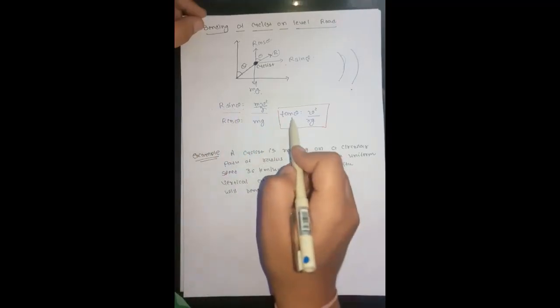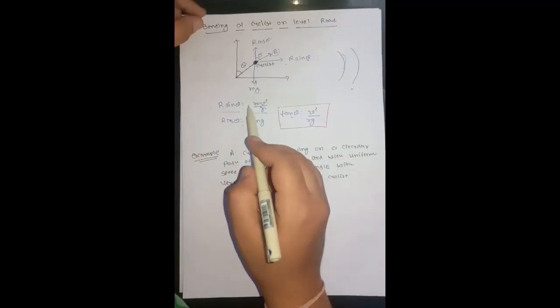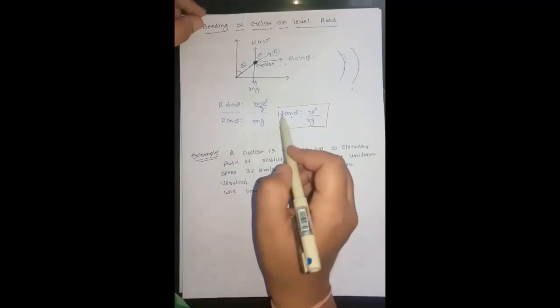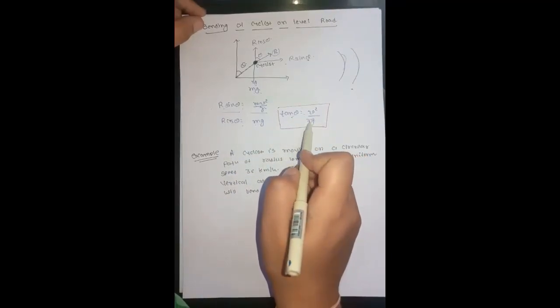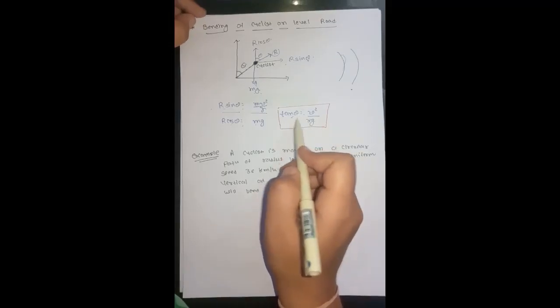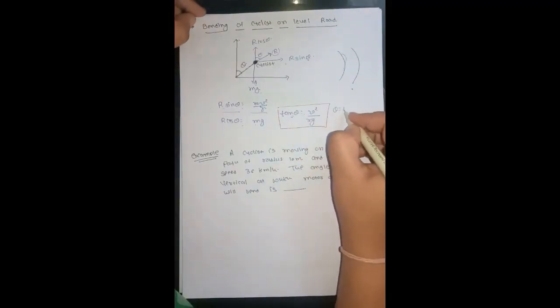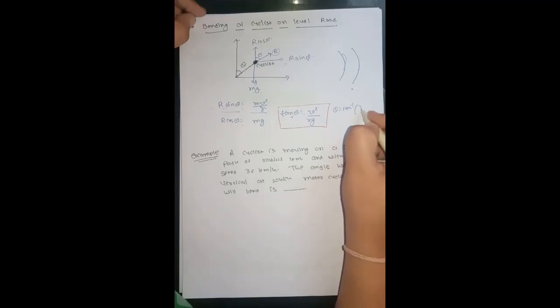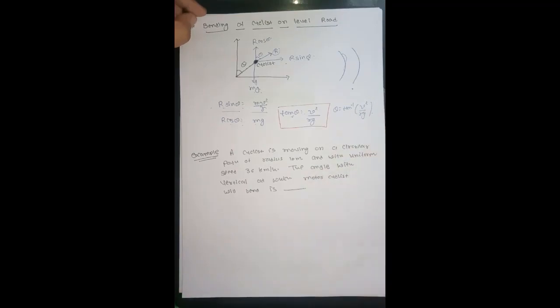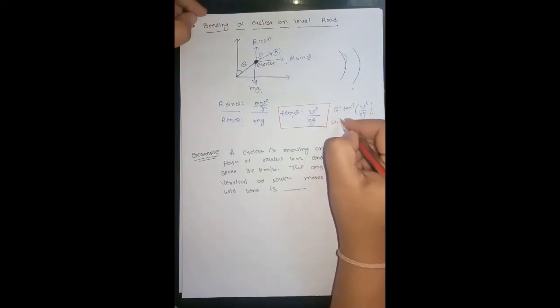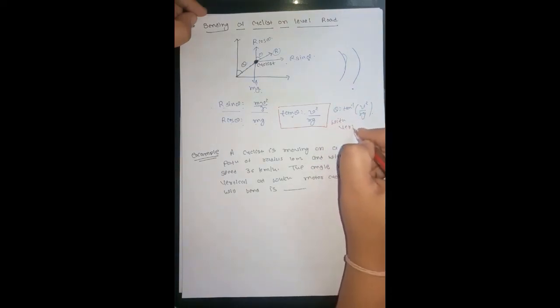Sin theta upon cos theta is tan theta. This m will also get cancelled out. So tan theta is equal to v square upon rg. Theta is equal to tan inverse of v square by rg, which is the angle made by the cyclist with the vertical. Remember, this angle is given with vertical.